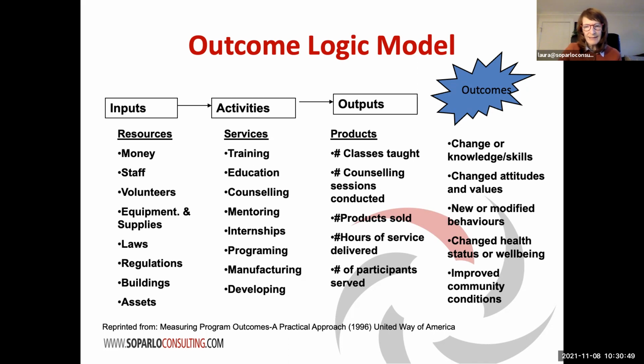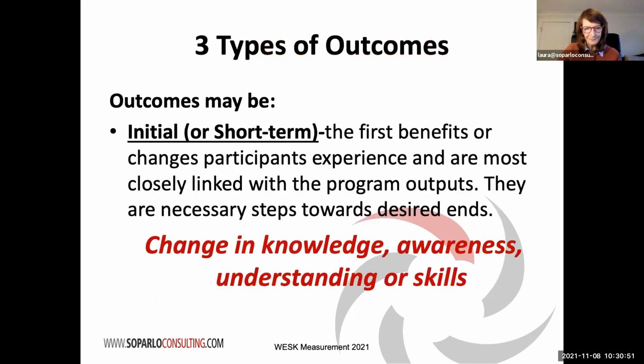So I'll take it one step further. There are three levels, if I could say it that way, of outcomes. Level one outcome might be that we've changed knowledge, understanding, awareness, skill level. So we've done education, or we've done a program, or we've done a service, and people have a knowledge change, an understanding change, an appreciation change.